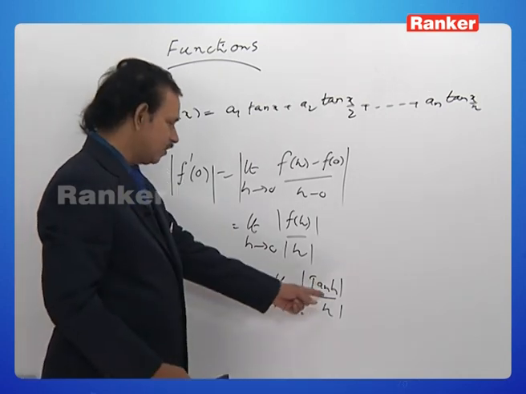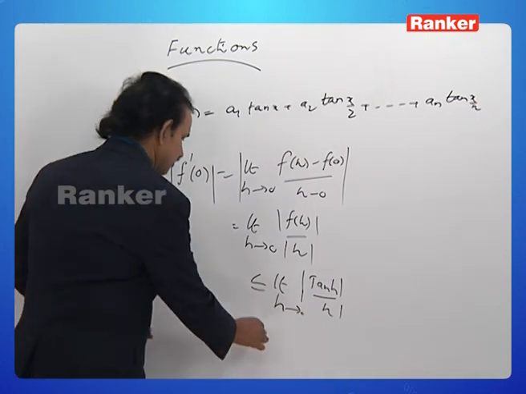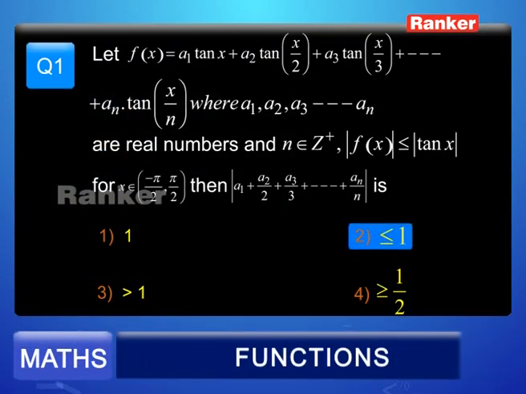Everybody knows that |tan h|/h as h tends to 0 is 1. Hence this is equal to 1. Hence the answer is B. That is, |f'(0)| is less than or equal to 1, and |f'(0)| is nothing but |a1 + a2/2 + a3/3 and so on + an/n|, which is the required. So the answer is B.